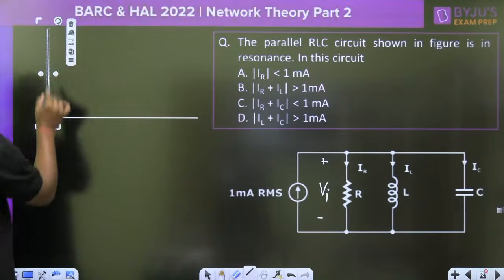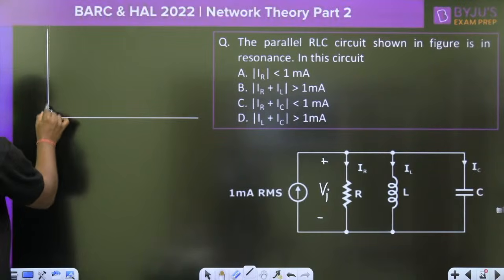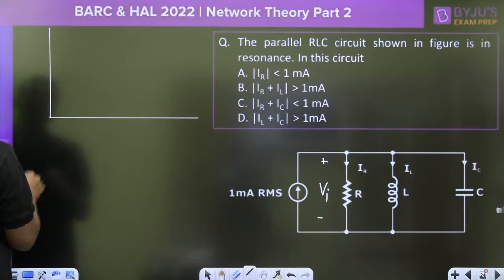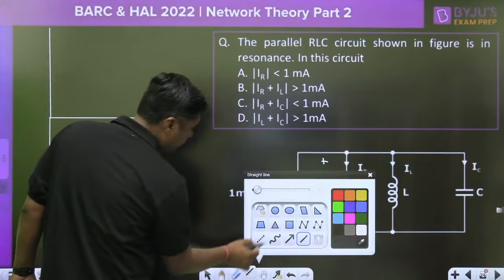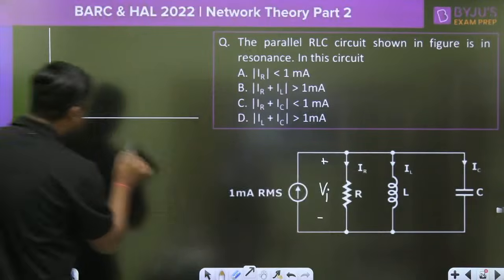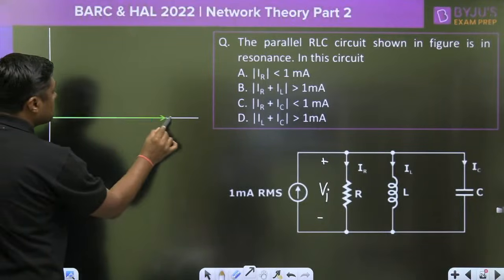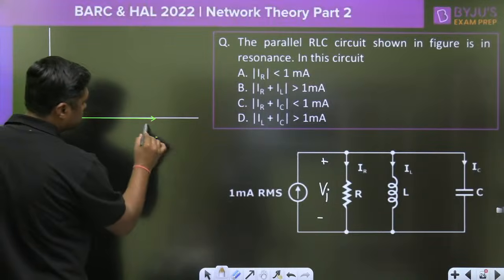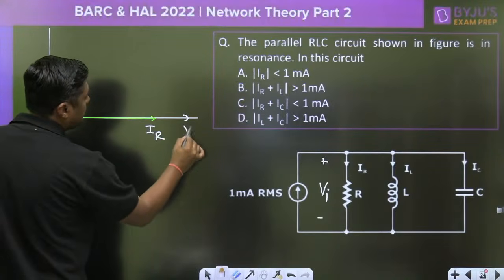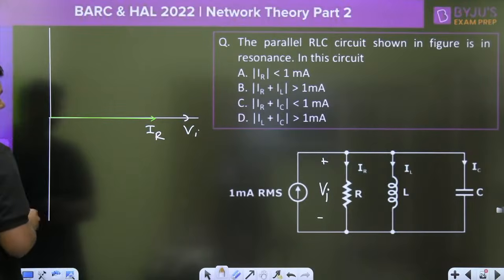Watch this diagram. Always remember that this is the VR, then this is the IR. IR in the same phase, ये देखिए, this is the IR and this is the VR. VR and IR in the same phase.